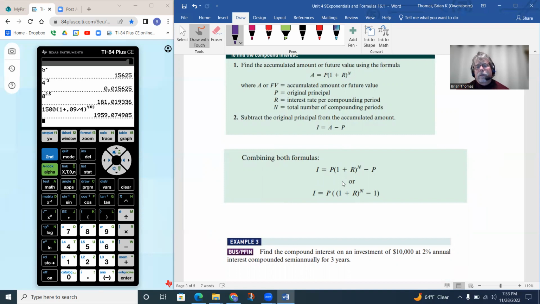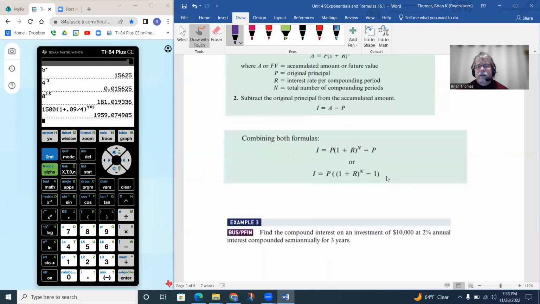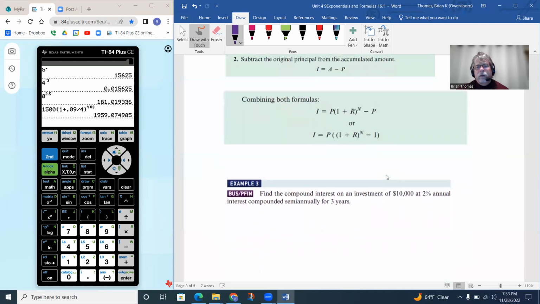P times 1 plus R to the N represents my future value. If I subtract my present value, that will give me my interest. So I can also make it look like this: P times 1 plus R to the N minus 1. What they're doing there is these both have a P in common, and I can actually do some factoring there as well. So there's some things we can do.